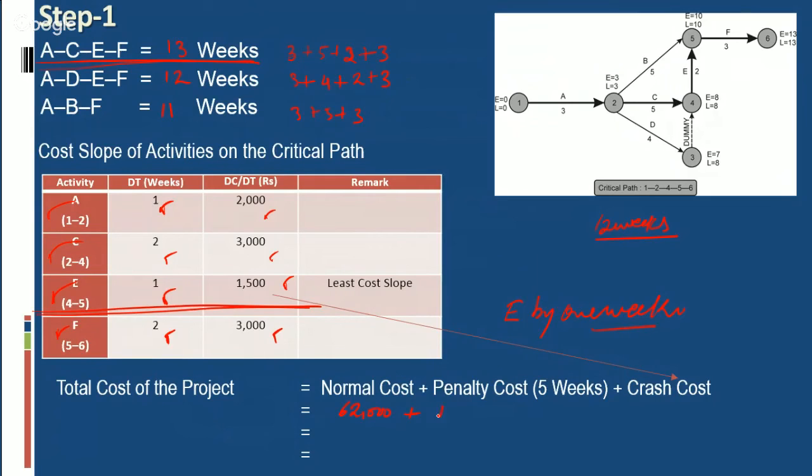It means we have to pay penalty for 12 minus 7, 5 weeks at the rate of 2,500 per week, plus crash cost of 1,500. The value of this will be rupees 76,000.